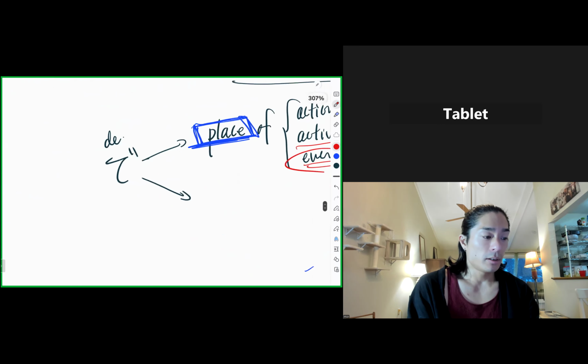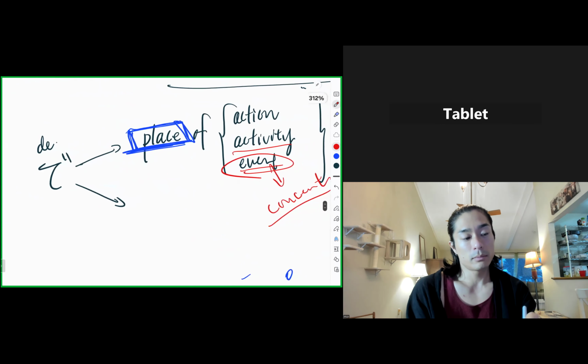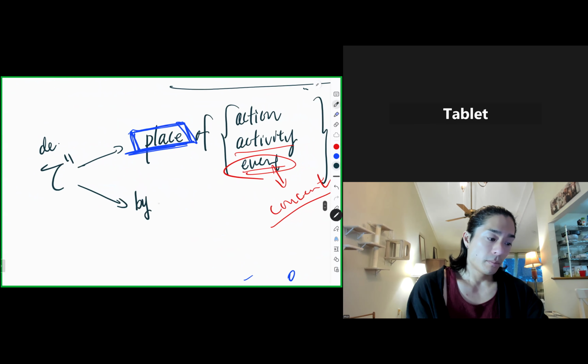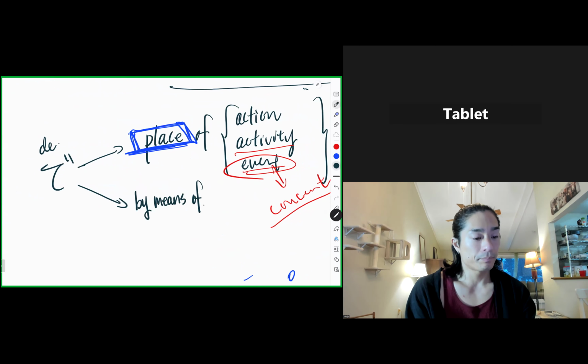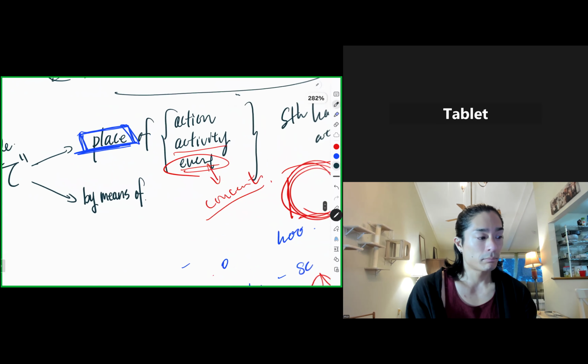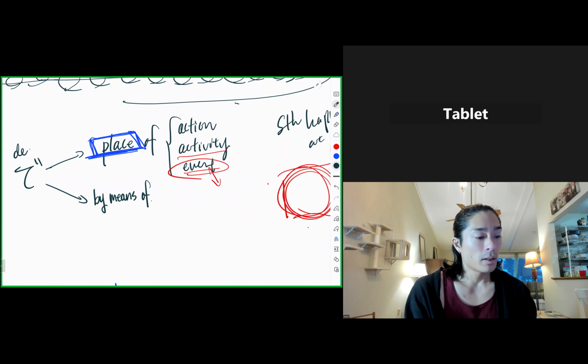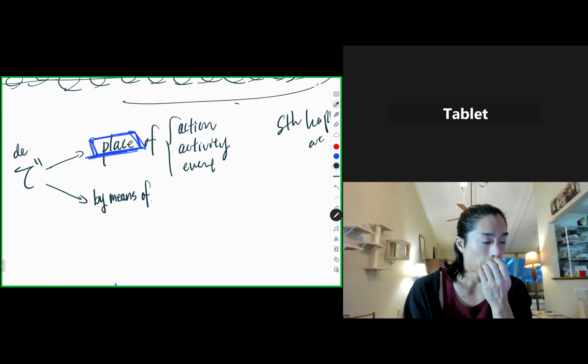Second function of de, by means of. This one too, I want you to understand this way.